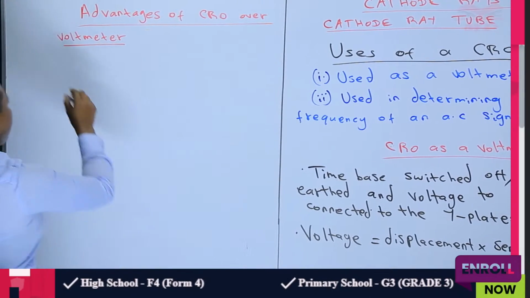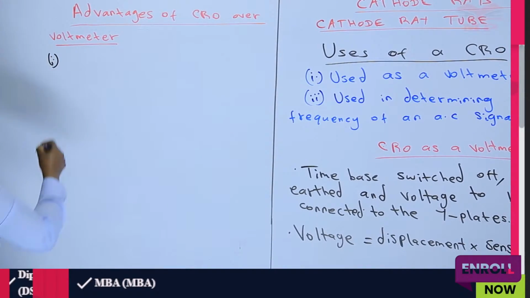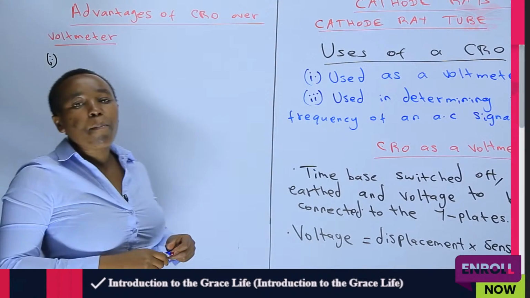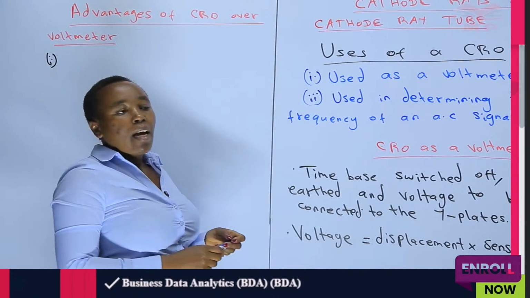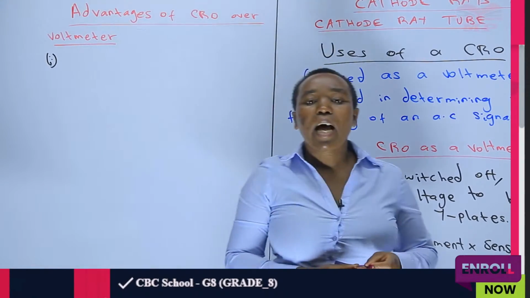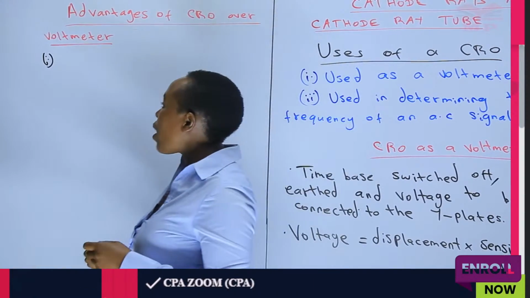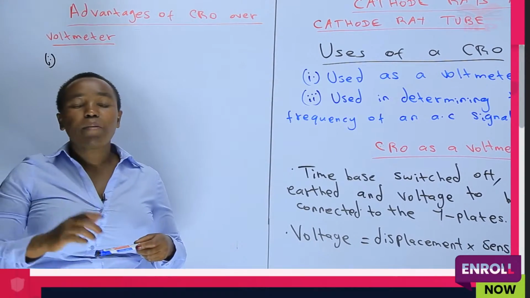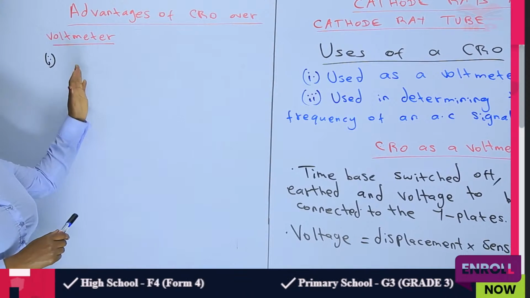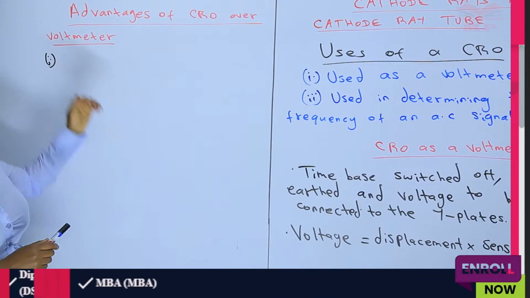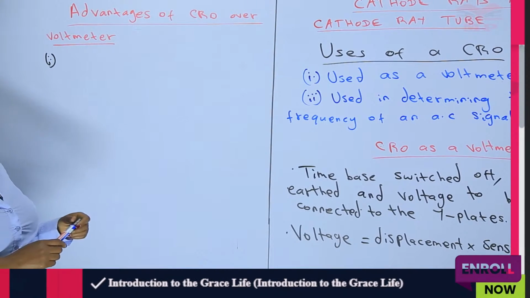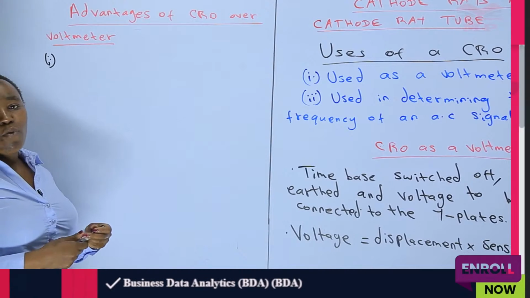So one of the advantages is that it can be used to measure both direct current and alternating current voltages. That's number one. Remember, the voltmeters that we use in the lab mostly are only used to measure direct current voltages.